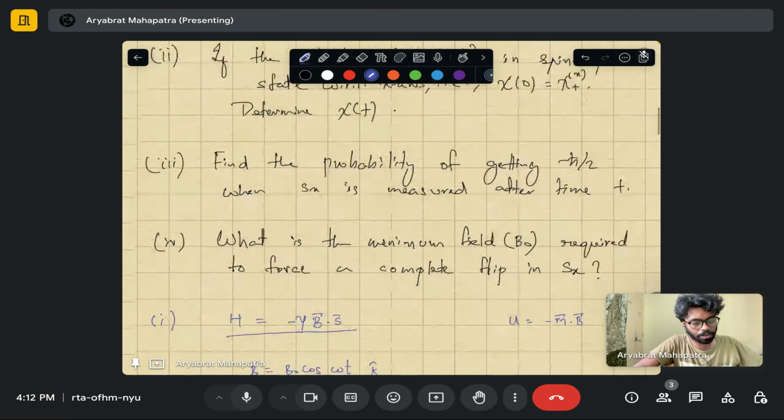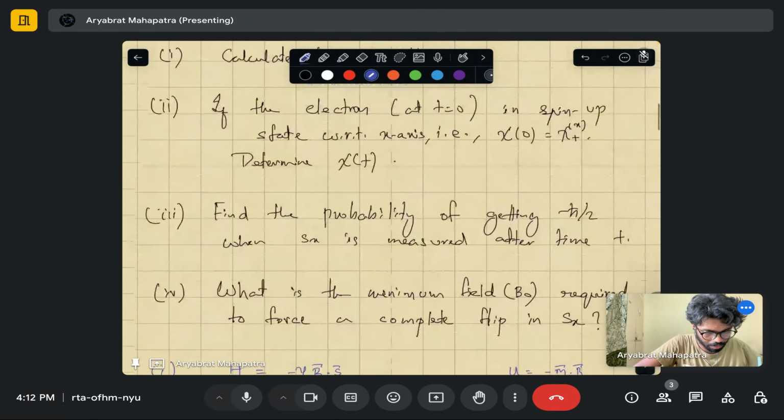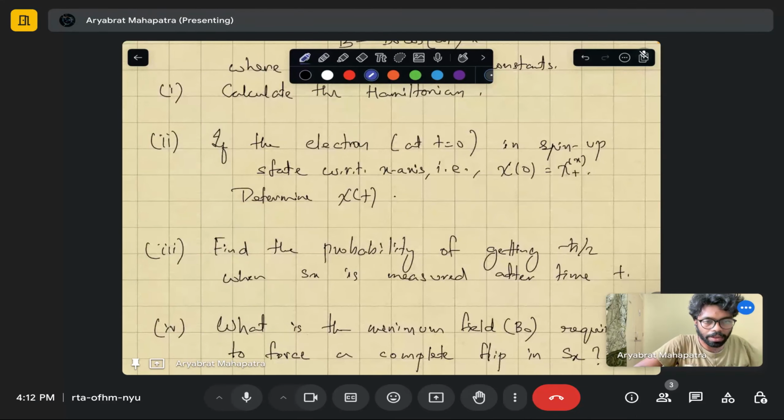Okay. Well, next, the electron is initially in the spin-up state with respect to the x-axis, denoted as chi of t.